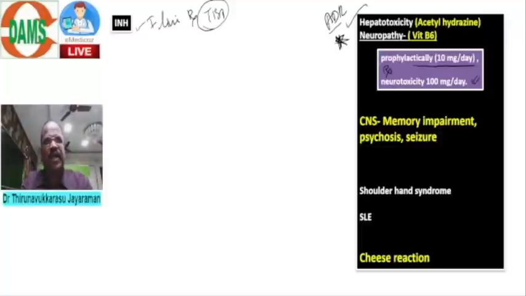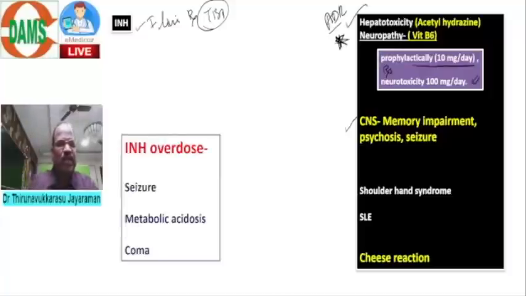Other than this, isoniazid also causes CNS problems like memory loss, amnesia, psychosis, seizure, and rarely difficulty in rotating the shoulder and hand, called shoulder-hand syndrome. It undergoes acetylation, so there is risk of SLE. It has MAO enzyme inhibitory action causing cheese reaction. At this juncture, you should know one more point. Isoniazid overdose causes mainly CNS problems like seizure, and sometimes coma, altered sensorium, and metabolic acidosis.